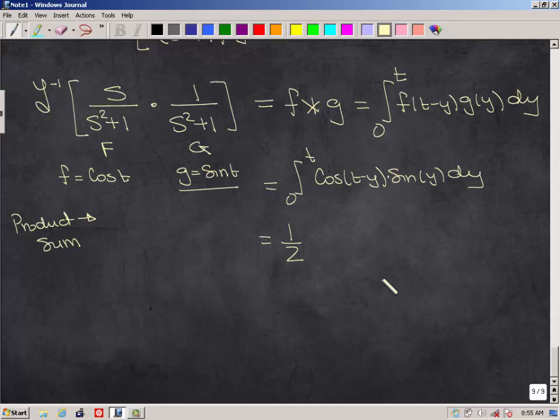We could use the product to sum identity and do that. Let me go ahead and show you how we come about with that identity, so that we know where it is coming from.